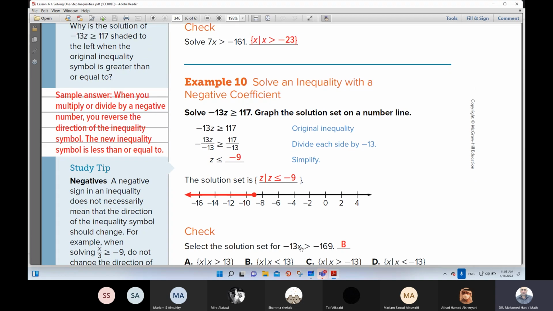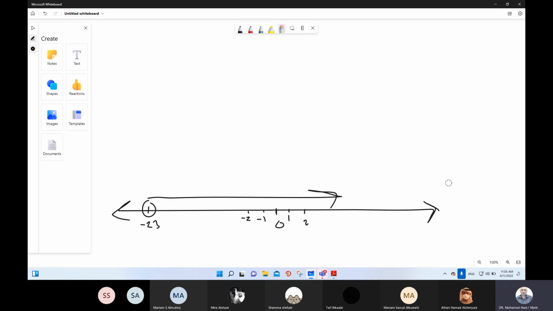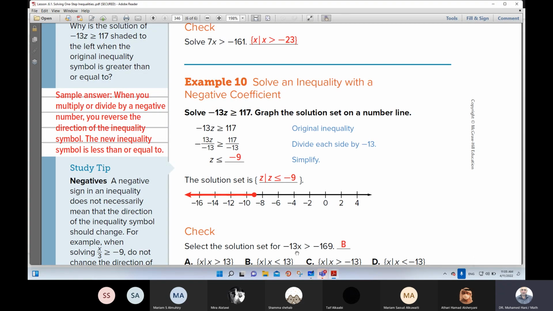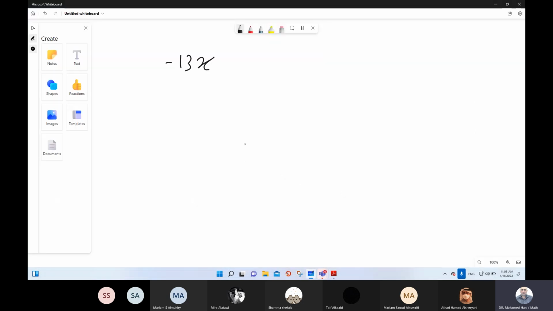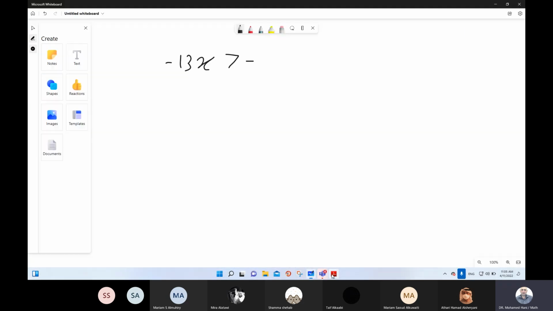Right. For example, if we want to solve this example, we have negative 13x greater than negative 169.